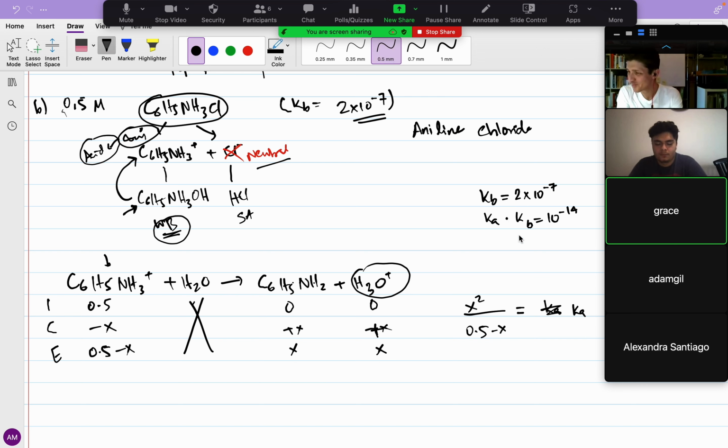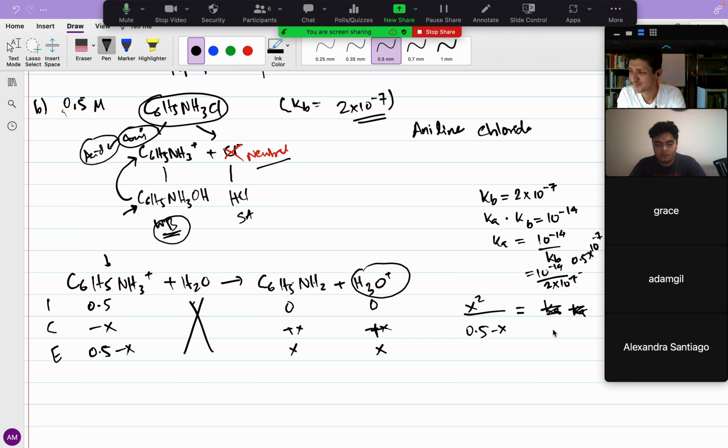I mean, solve for Ka. Exactly. Yep. That's exactly what it is. I think this thing comes out to 0.5 times 10 to the negative 7.